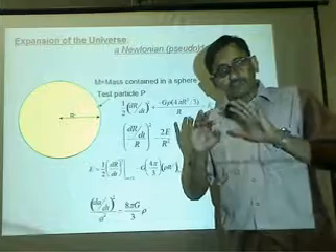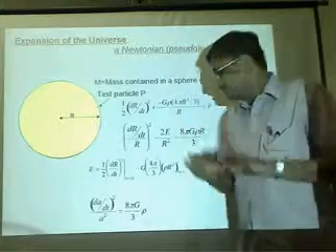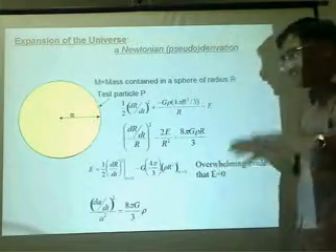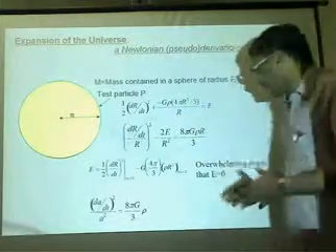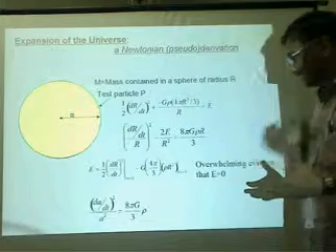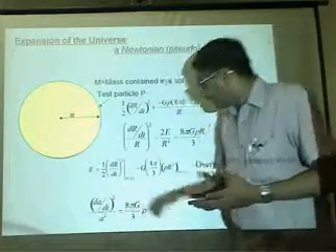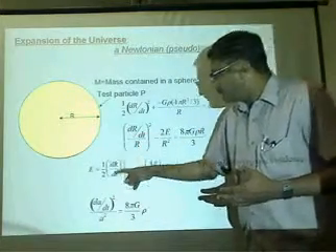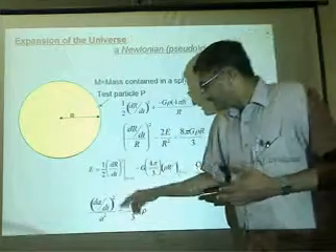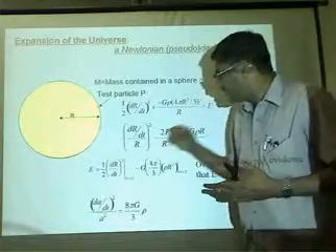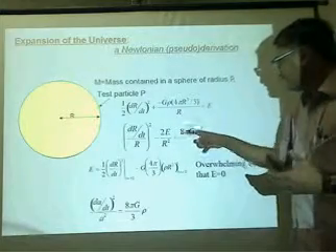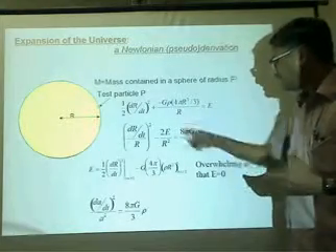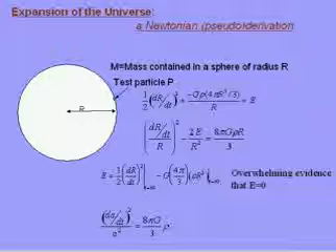For our talk, it is enough to say that this E, which plays the role of total energy per unit mass of this particle, is equal to 0. And hence we have that (dr/dt) whole squared divided by r squared will be equal to 8 pi G rho by 3 when this E is 0.